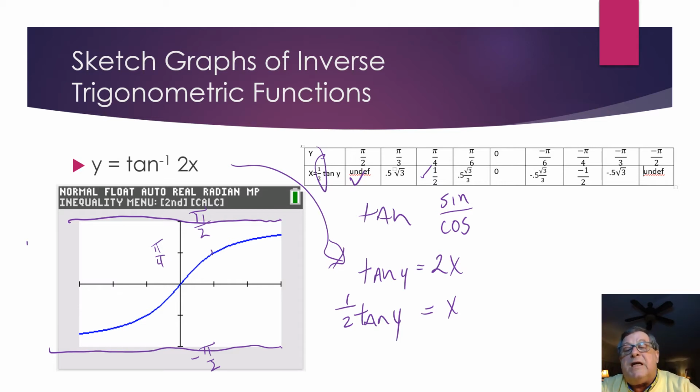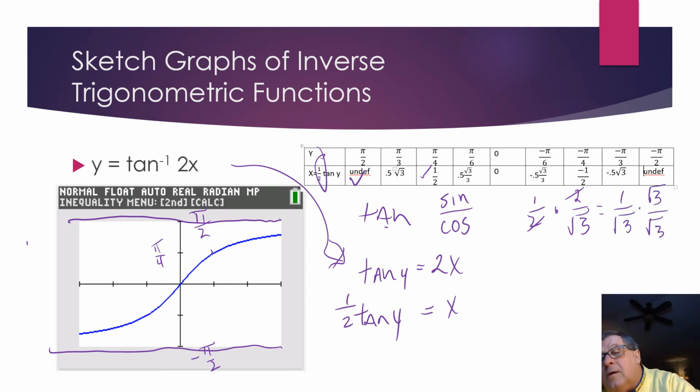At pi over 6, the sine is 1/2, and the cosine is the square root of 3 over 2. So 1/2 times 2 over the square root of 3, those are going to cancel, give us 1 over the square root of 3, but we rationalize that denominator. It's going to give us the square root of 3 over 3.